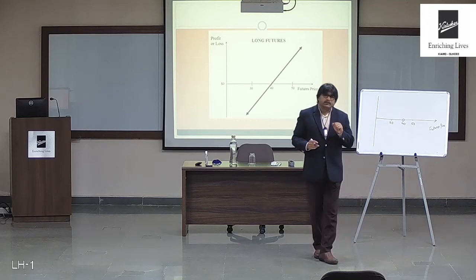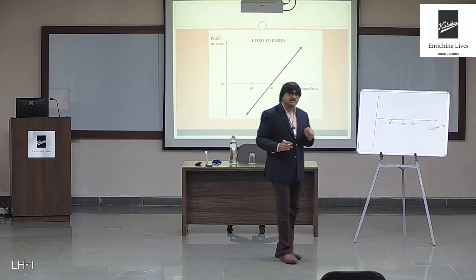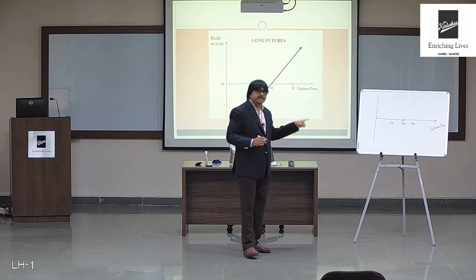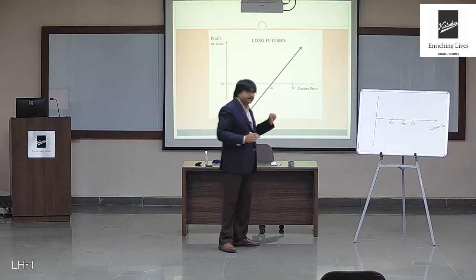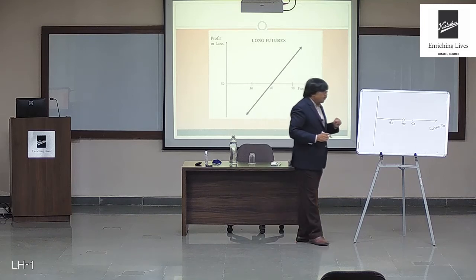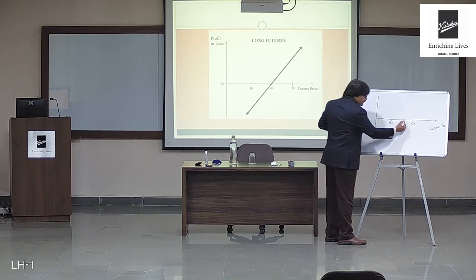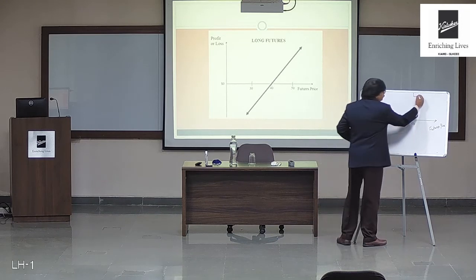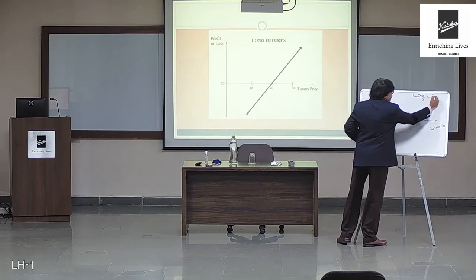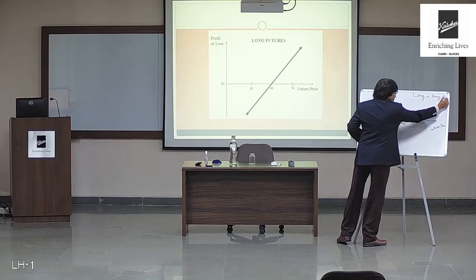Now let's look at what happens to the person who has taken a long position in the forward or futures market. What was signed by the firm was that they will buy the underlying at 40. So the long position is basically buying the underlying.